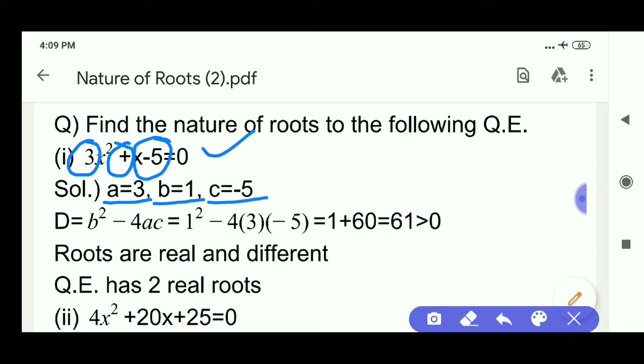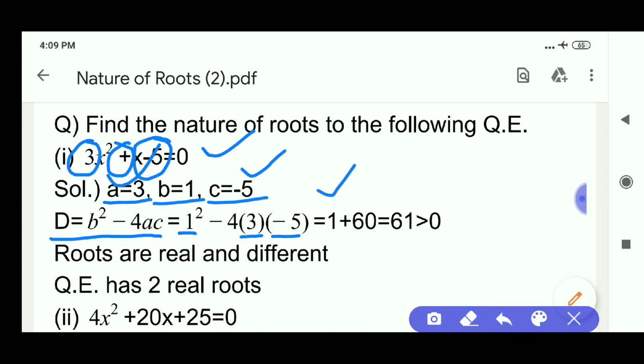Now find the discriminant. D is equal to b square minus 4ac. b is 1, so 1 square minus 4 into a is 3 into c is minus 5. Now 1 square is 1.